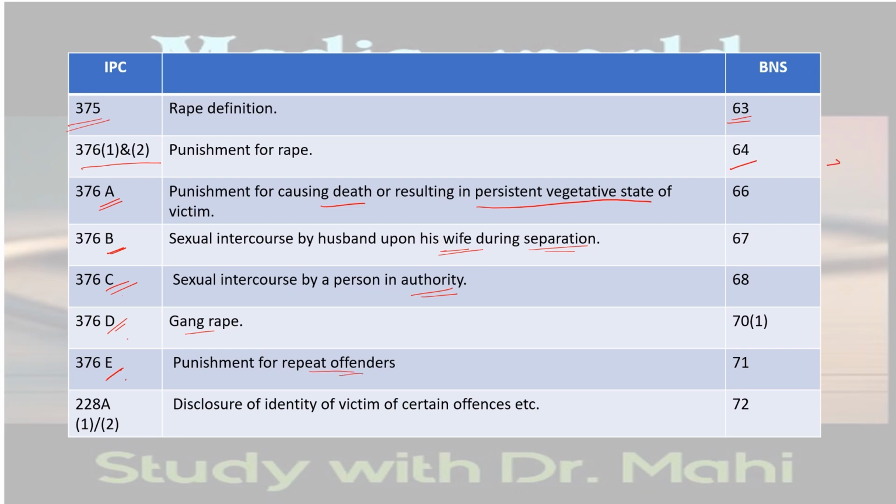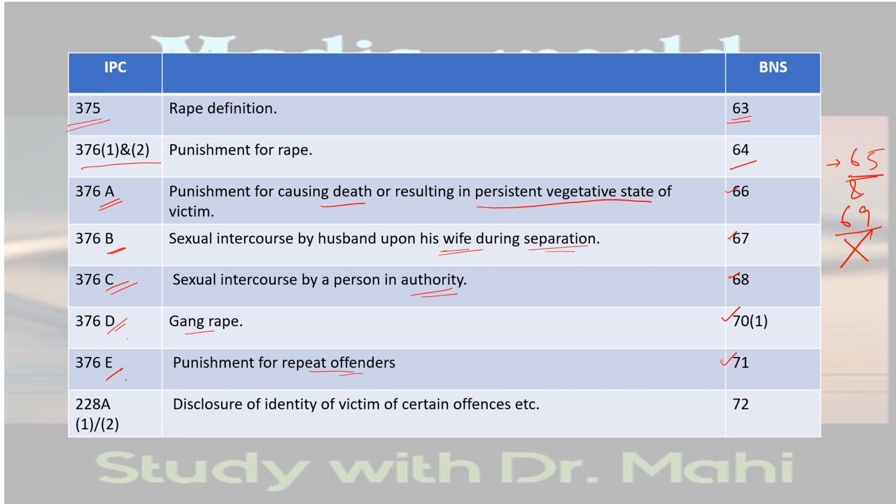First of all, here we have to know that 65 and 69 are not used. Up to 63, 64 we have done. Now 66, 67, 68, 69 we have not used. So 70 now and 71.